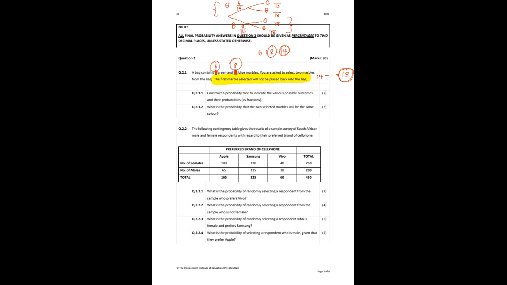So we're looking at just the first portion. And what we're saying here is that if a person chose green the first time, they still can choose green again, but there's one less green available. So instead of there being 6 green to choose from, there are now 5 green to choose from.